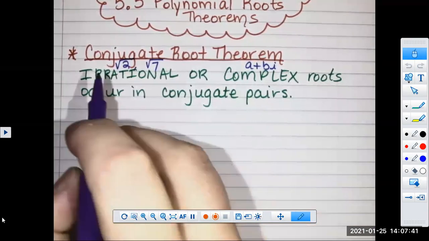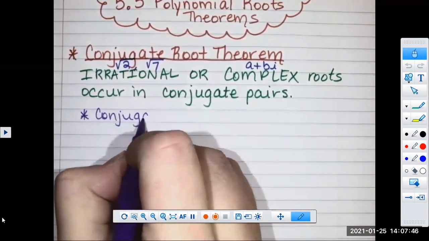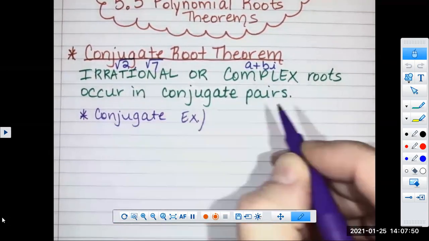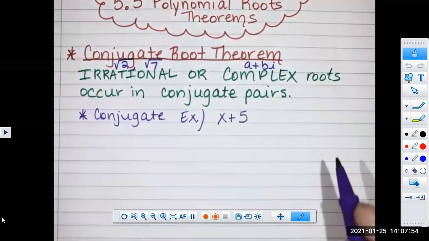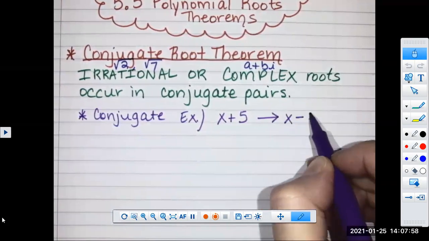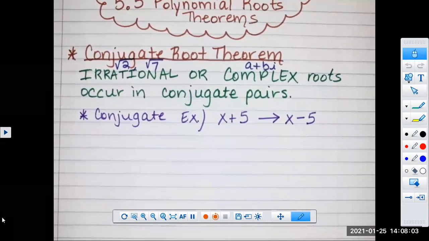Conjugate simply means if I've got, for example, x plus 5, its conjugate pair is going to be x minus 5. So you're going to have the same terms, x and 5, but the sign separating them is different.